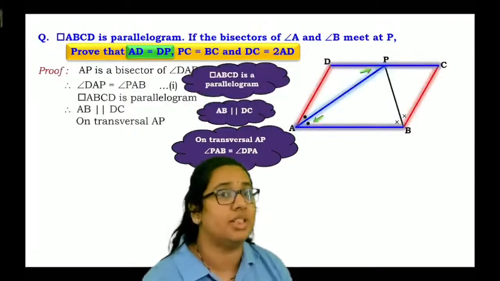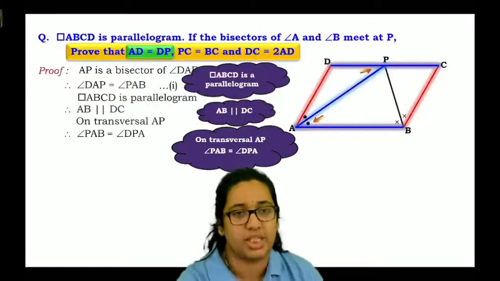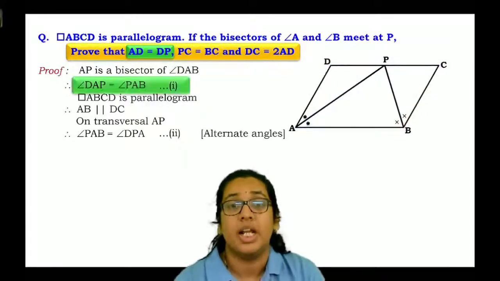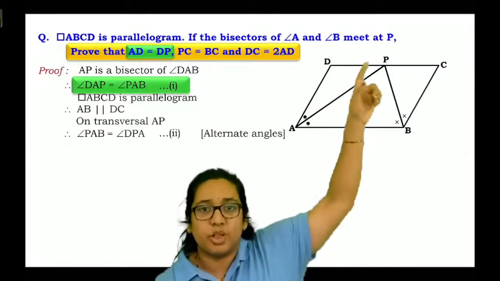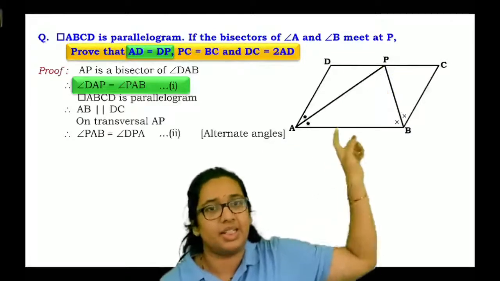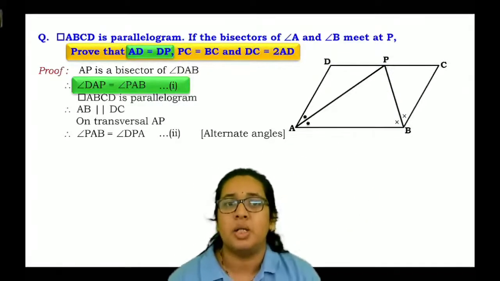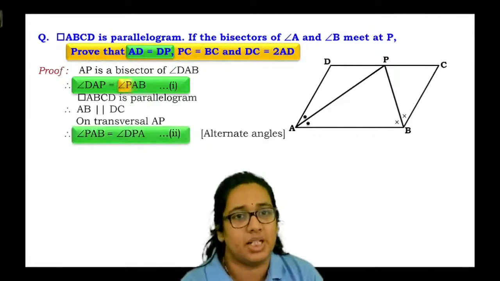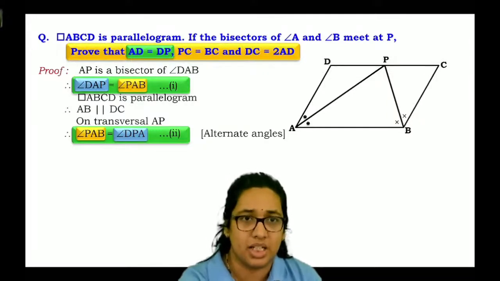As ABCD is a parallelogram, AB and CD are parallel to each other, and AP will work as a transversal for it. Because of this transversal and the letter Z, which is nothing but alternate angles, we can say that PAB and DPA are equal.